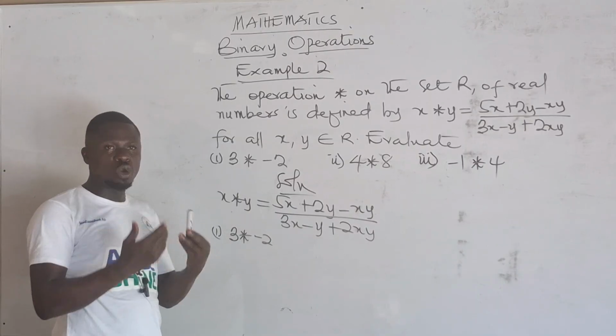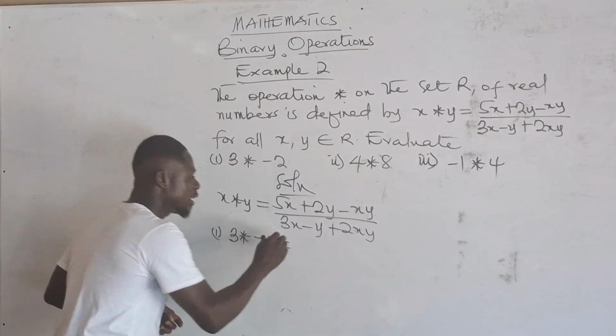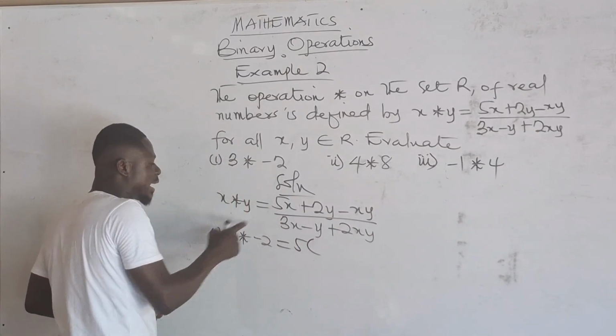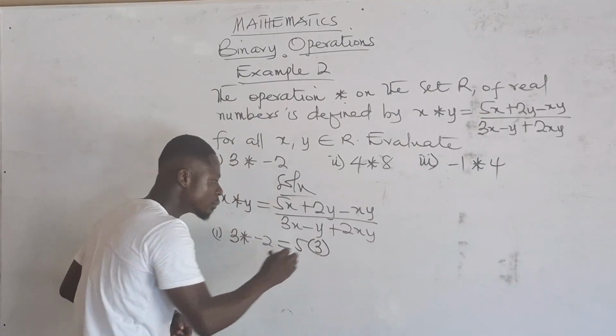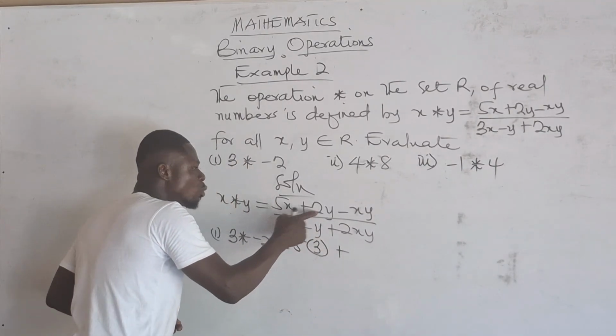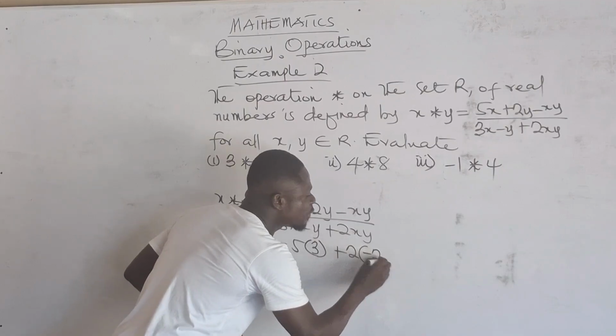So by doing simple substitution, we're going to have 5 multiplying x, and our x is 3, so it will be 5 multiplying 3 plus 2 multiplying y, so it will be 2 multiplying −2.